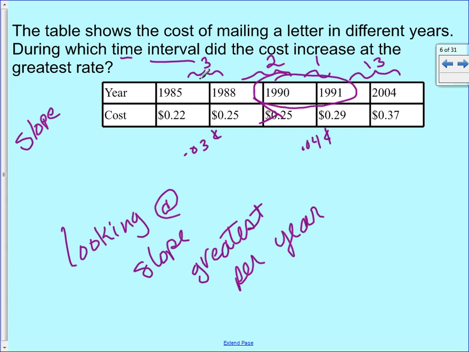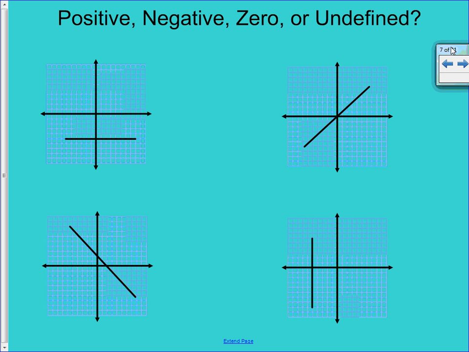Over here, from 85 to 88 was 3 years. It had increased 3 cents, right? So I know that it at least increased 1 cent per year. Does that make sense? And then over here, if I were to take the difference, this is an 8 cent difference over a 13-year period of time. And if I divide it, it would give me like a fraction of a cent. Okay, does that make sense? Okay, good. All right, moving on.